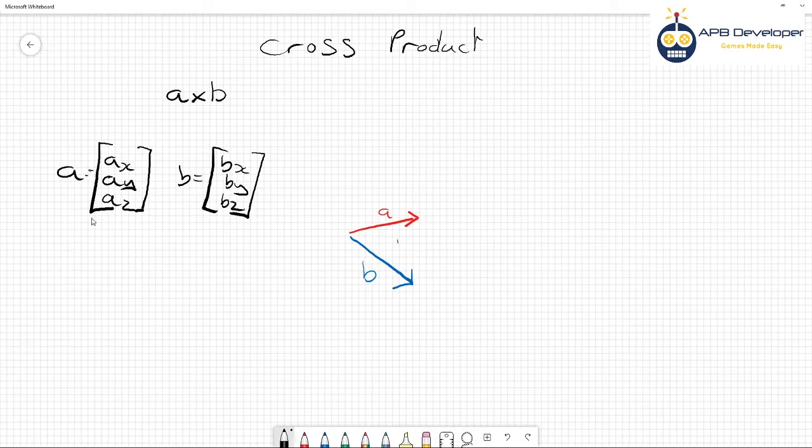So when we take the cross product, some people get a bit confused about which order you do the cross. One easy way I find is to think about having a separate second set of B in this one, so BX, BY, BZ.